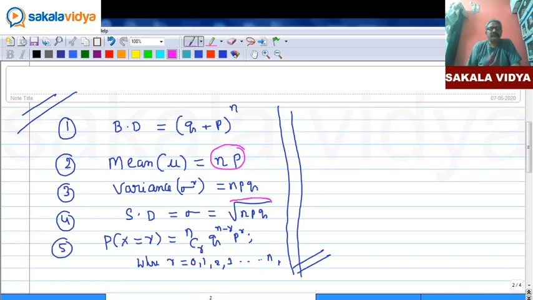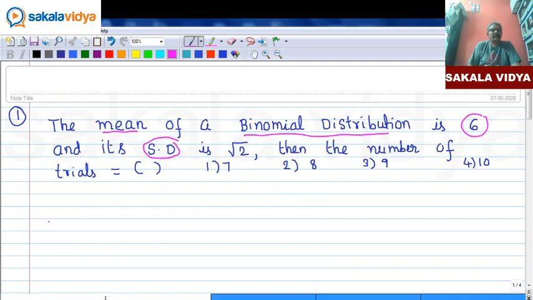Next, standard deviation is equal to root of npq, given. So, with the help of these two values we need to find out n. So, understood now. So, that means here solution: given mean means n into p equals 6, say equation 1.